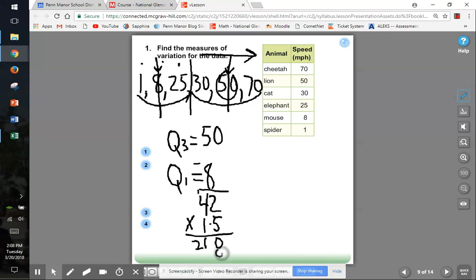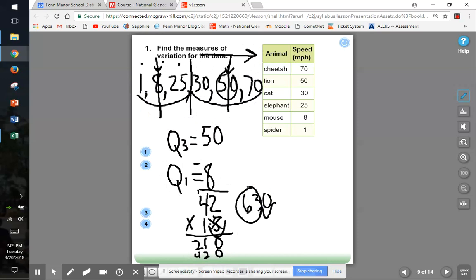Going to keep our space open and go to the tens column. 1 times 2 is 2, and 1 times 4 is 4. Add all those digits together, I get 630, but don't forget there's a decimal here, so let's bounce one, which means this magic number we're looking for is 63.